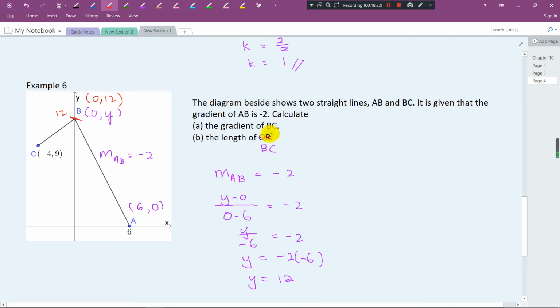But we haven't gotten the gradient of BC yet. Now we are going to calculate the gradient of BC. Do we have any problem to get the gradient of BC? No problem, right? Just use the formula y2 minus y1 over x2 minus x1.